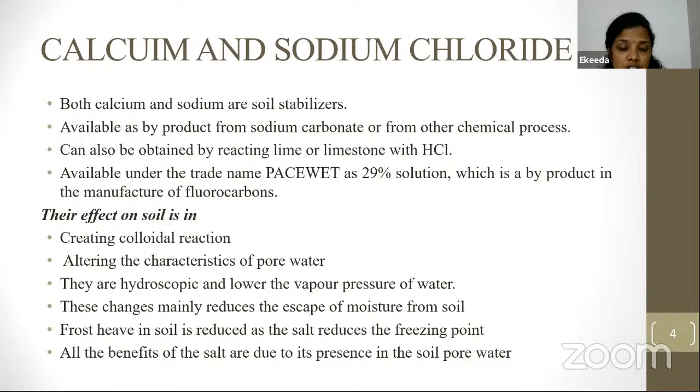Calcium and sodium chlorides are stabilizers in the form of solutions, and they are a byproduct of other chemical processes. This will have a colloidal reaction with the soil particles, altering the characteristics of pore water. It will alter the freezing point of the water present inside the voids and also reduces the permeability.